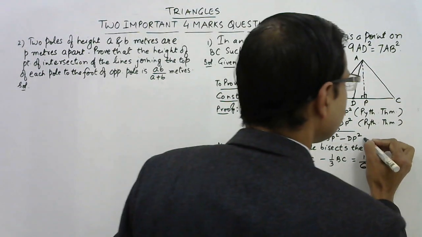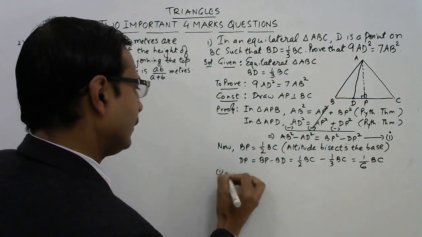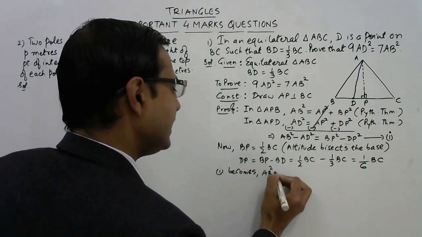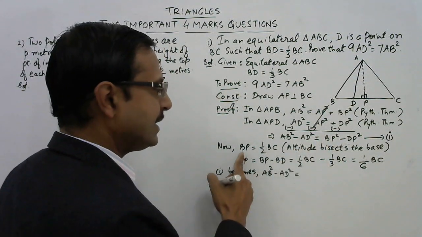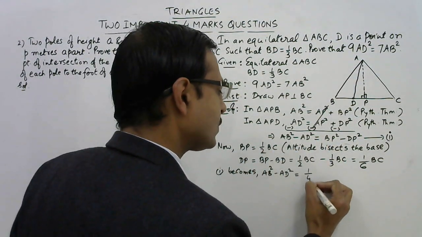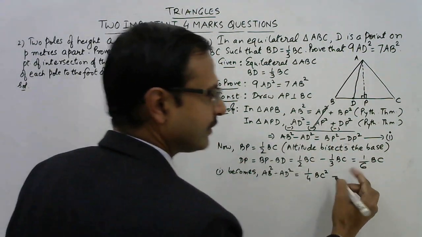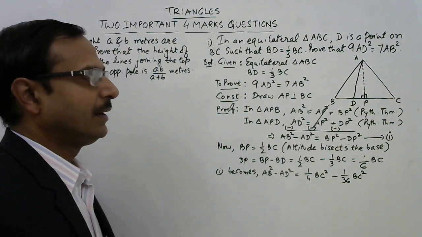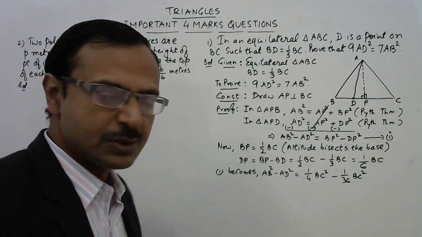So this expression 1 will now become AB square minus AD square equal to, now BP square, BP is half BC, so 1/4 BC square, and DP square is the square of this, 1/36 BC square, and these two are like terms. Now you can take the LCM and simplify this also.